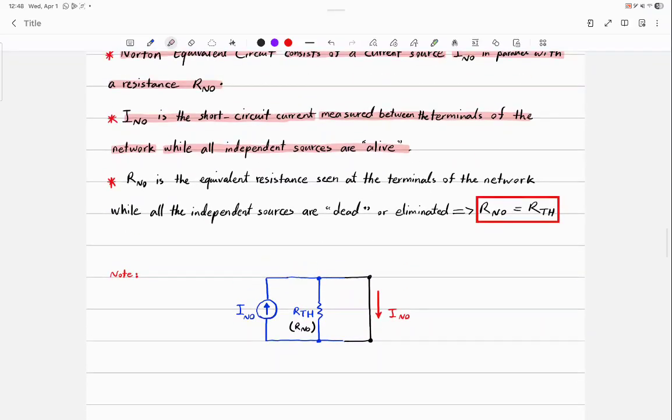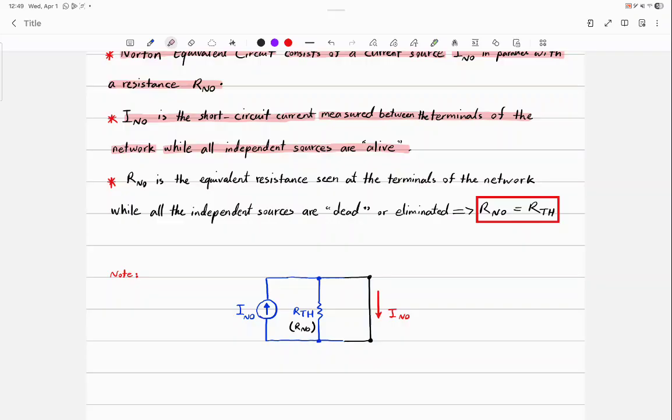This is just a note so you remember: this is your I_N, the short circuit current that you measure from top to bottom. See, the middle resistor is shorted out, so the current goes this way.